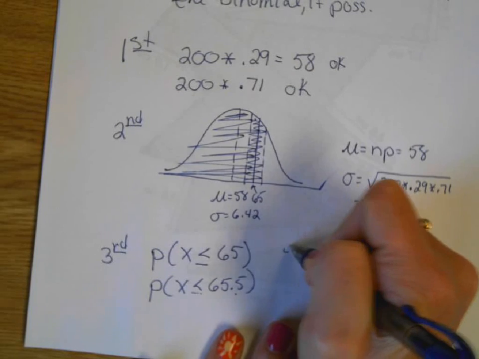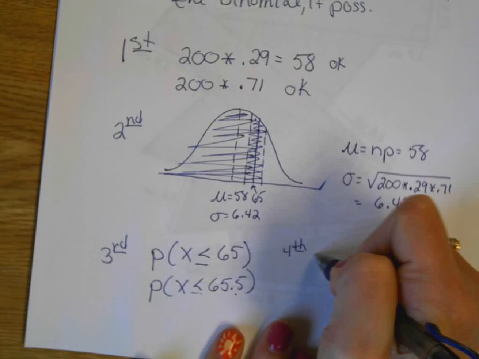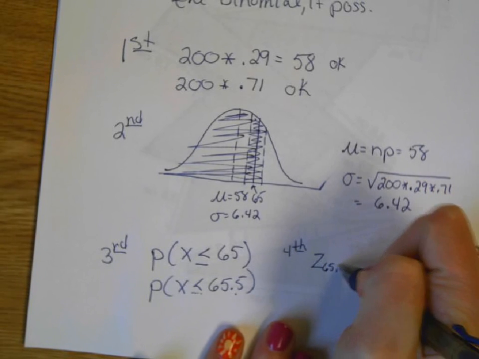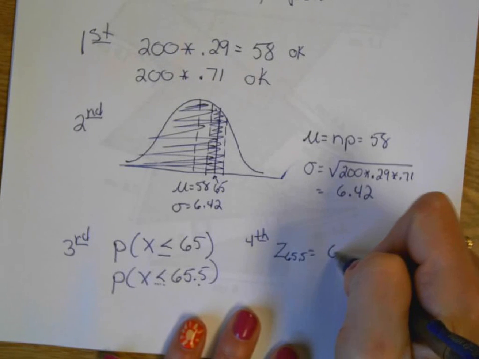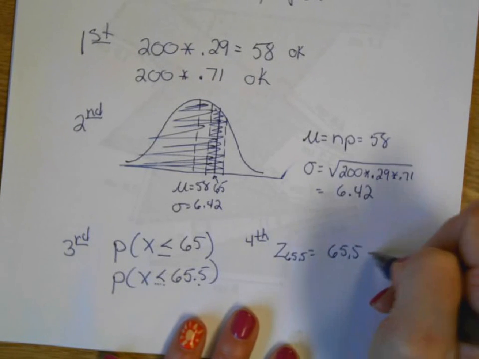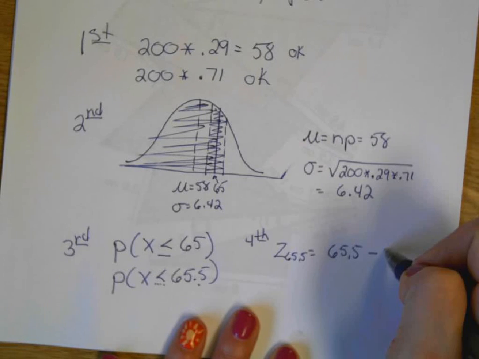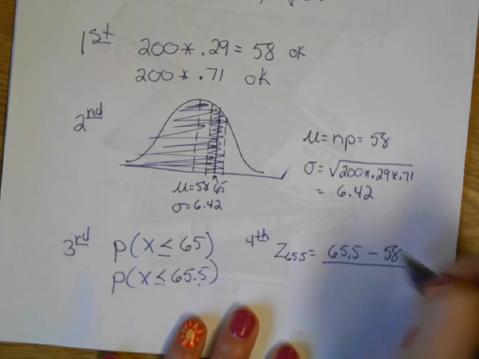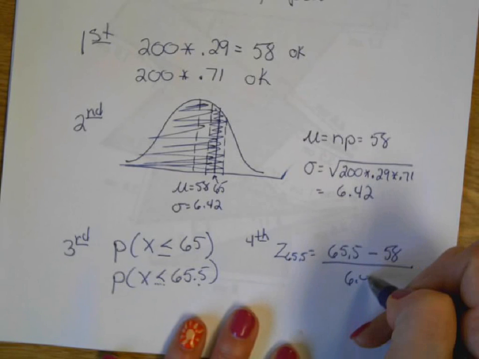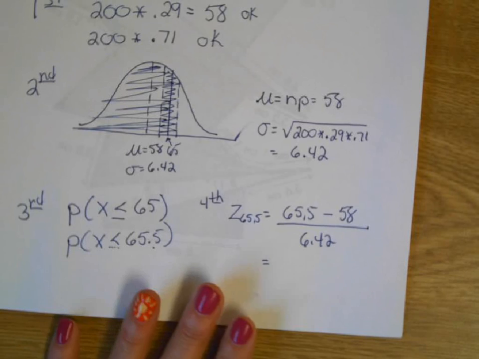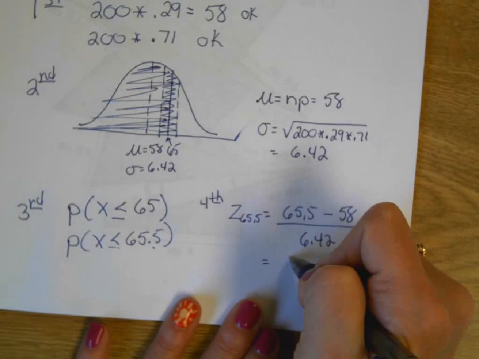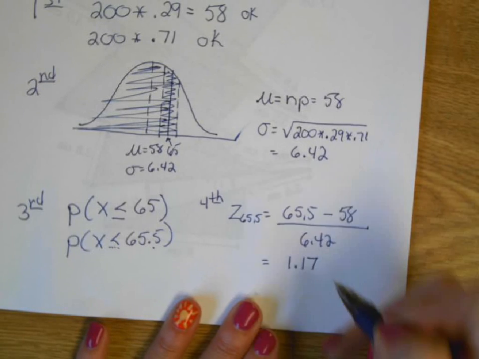Our fourth step. So the z-score for 65.5 is 65.5 minus the 58 divided by that 6.42. This is a z-score of 1.17 out to two places.